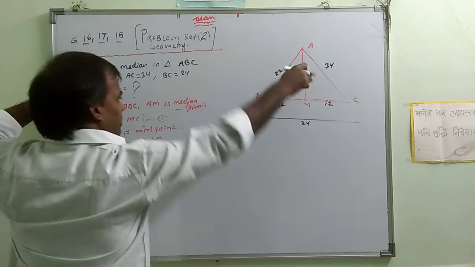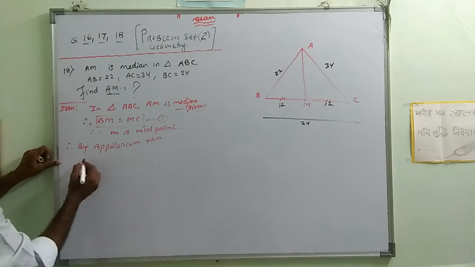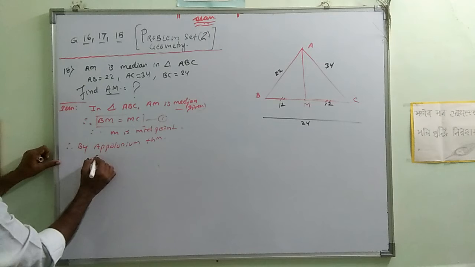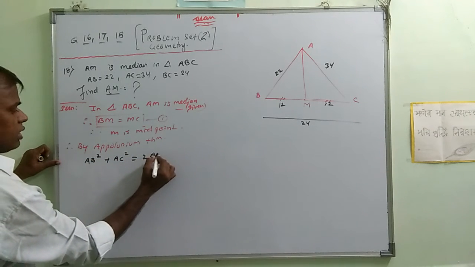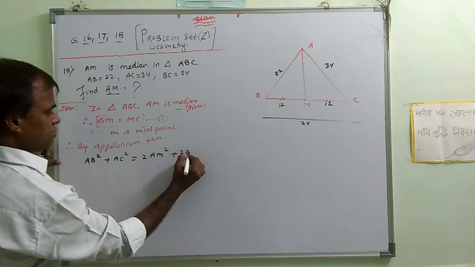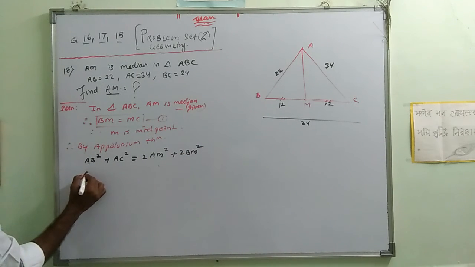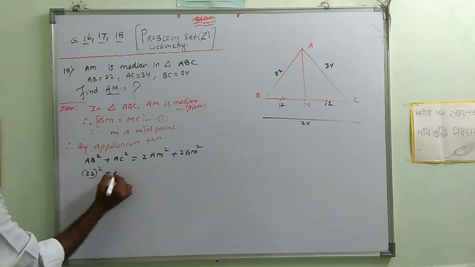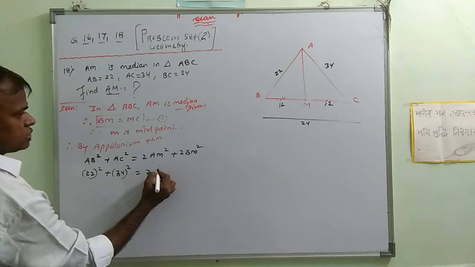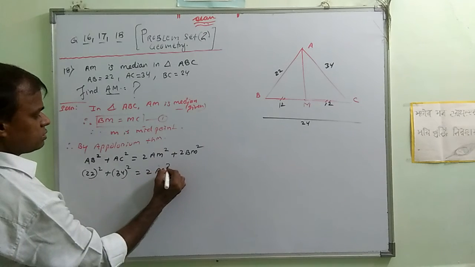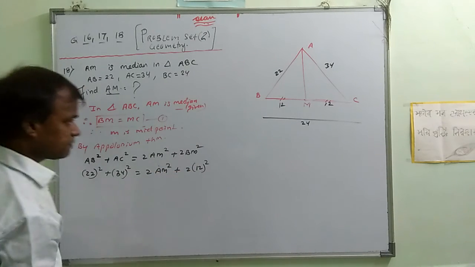So we have to find AM. Apollonius theorem says that AB square plus AC square equals 2AM square plus 2BM square. Let's put the values. 22 square plus 34 square equals 2 into AM, which is unknown, plus 2 into 12 square.